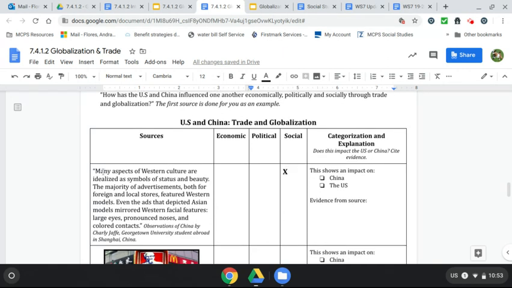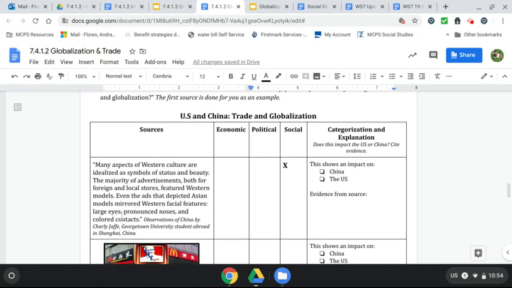Now, looking at this, I have to think, is the author showing a change in the US or a change in China? Since he is talking about what he saw in China and how Chinese people are holding up non-Asian models as the standards of beauty, this shows that there's an impact on China.